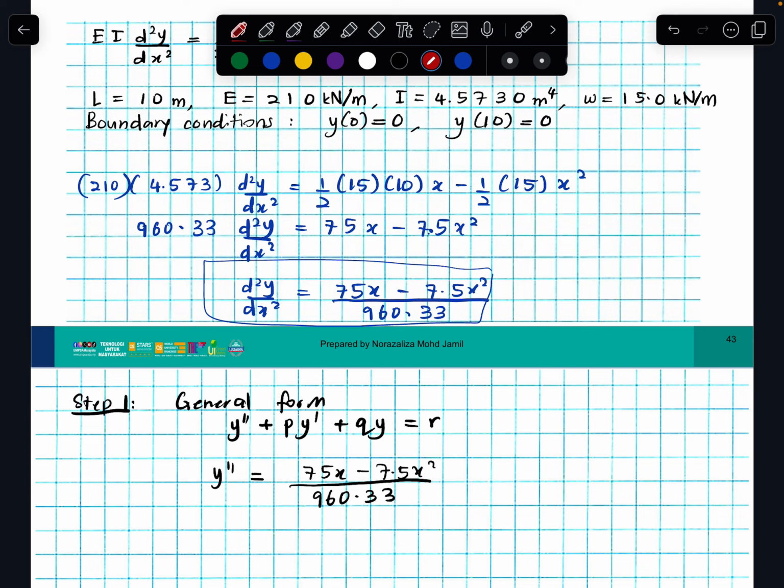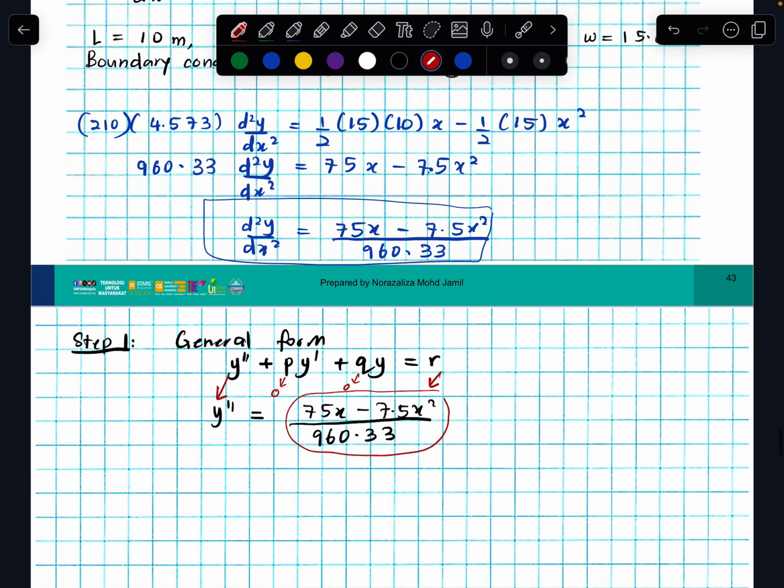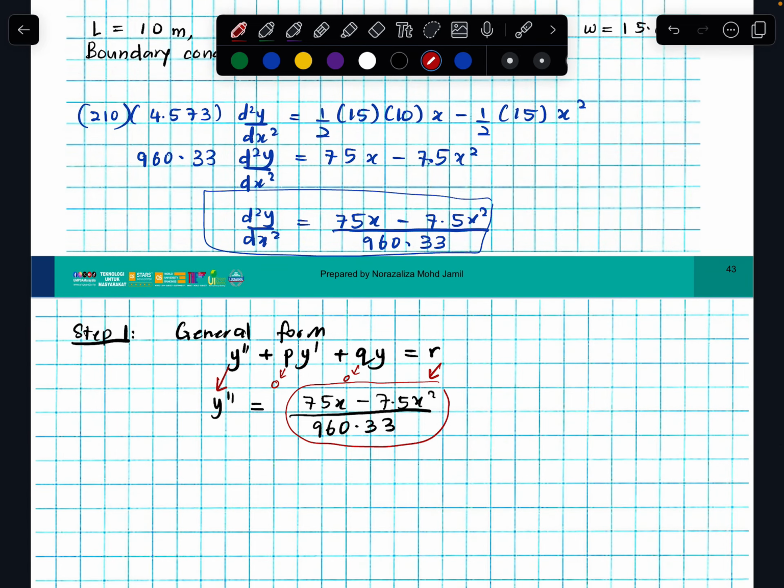And if you compare this, your P is 0, Q is 0, and then this is R. So we identify P equal to 0, Q equal to 0, and R equal to this value.